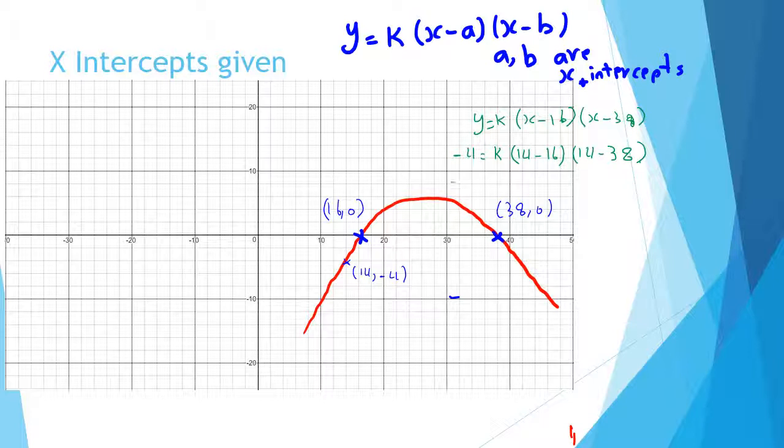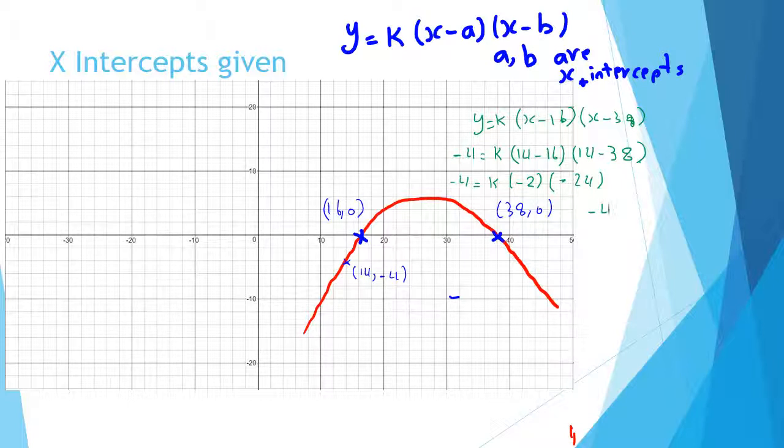Now we're going to work it out in the calculator and find the value of k. So negative 4 equals k. 14 minus 16 is negative 2, and 14 minus 38 is negative 24. Negative 2 times negative 24 gives positive 48.